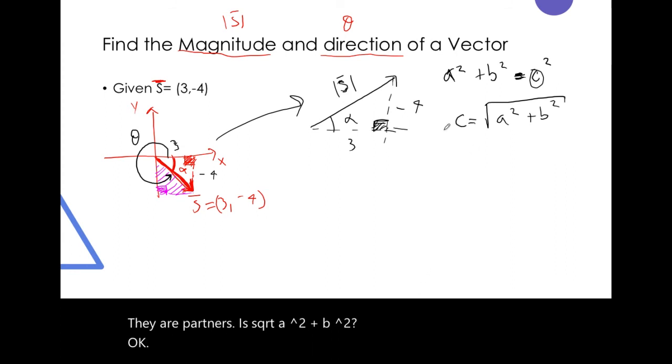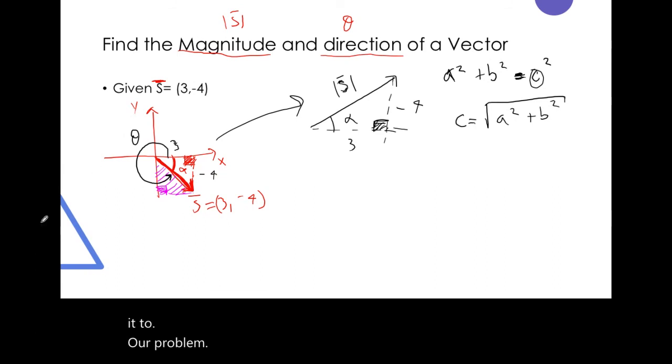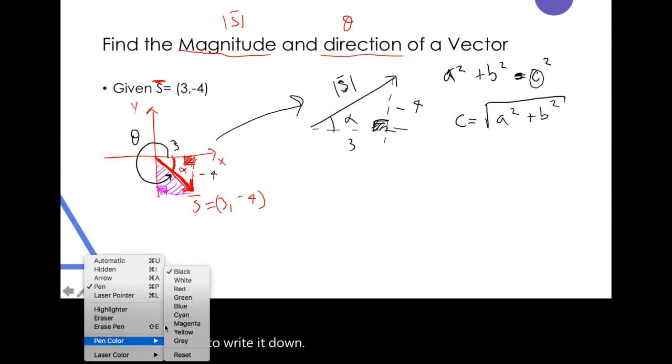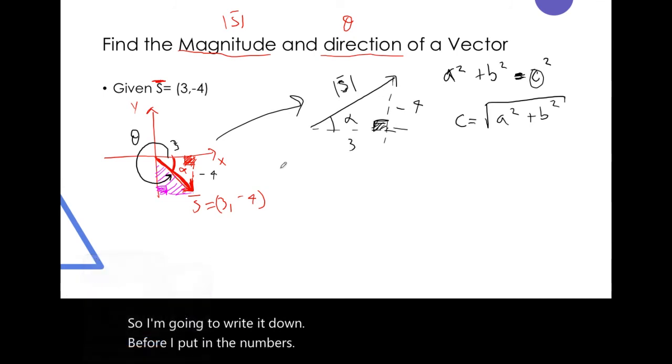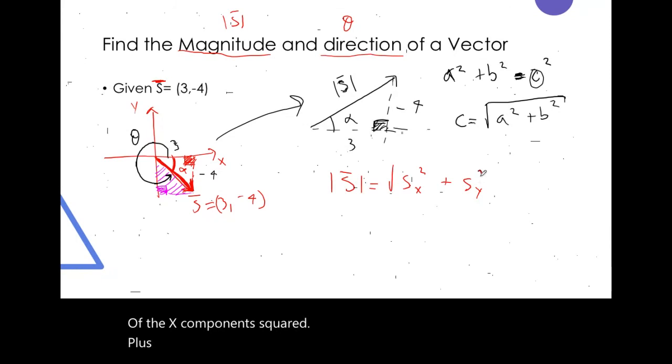So then we take this quote-unquote Pythagorean theorem and apply it to our problem. I'm going to write it down symbolically before I put in the numbers. The magnitude of S is equal to the square root of the x component squared plus the y component squared.